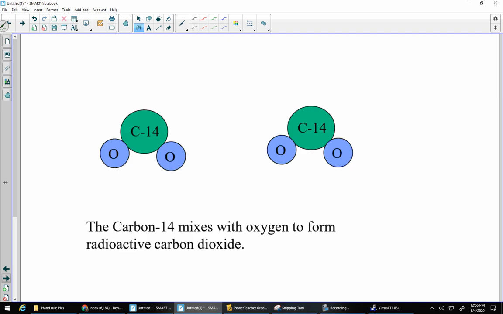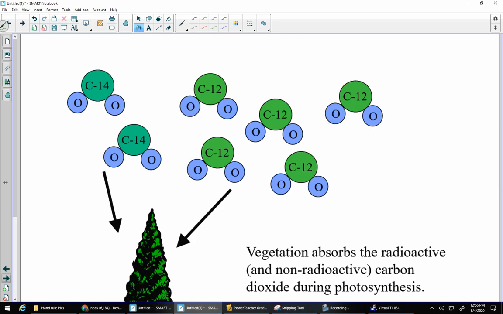Now that carbon-14, well, it does pretty much everything that carbon-12 does. So it reacts with oxygen and in our atmosphere makes carbon dioxide. Pretty straightforward. We've seen that before. So our carbon-14 and our carbon dioxide, well, we know that plants like carbon dioxide. They eat up that carbon dioxide. They take it out of our atmosphere. They turn it to sugars, and then we use sugars.